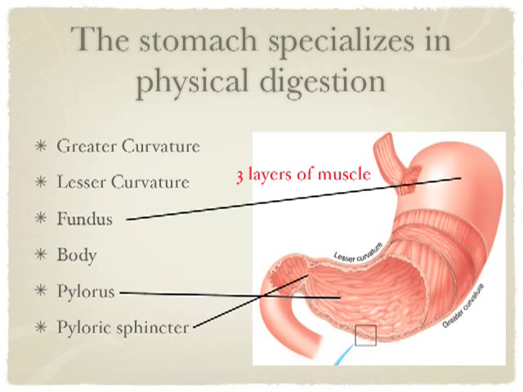Another part of this physical digestion is the addition of acid to the stomach. The stomach has a very, very strong, very acidic hydrochloric acid, in the neighborhood of between 1 and 3 on the pH scale, that's added to the stomach.